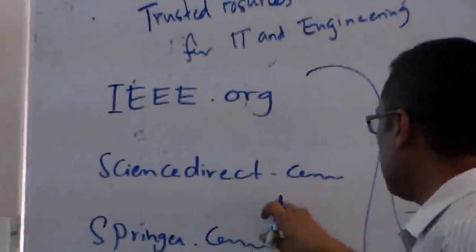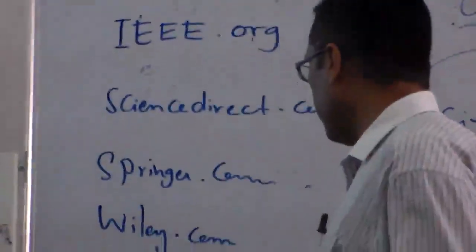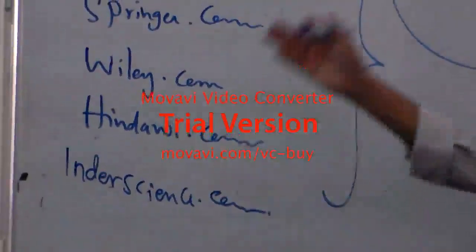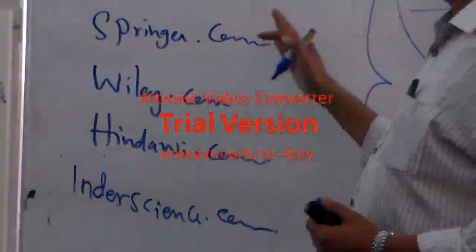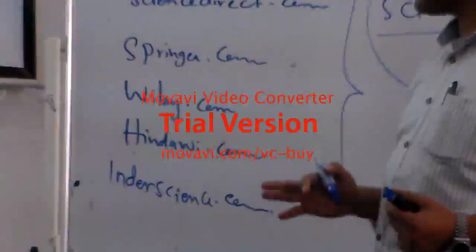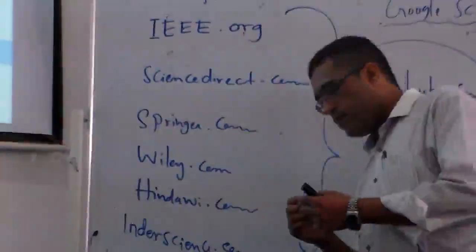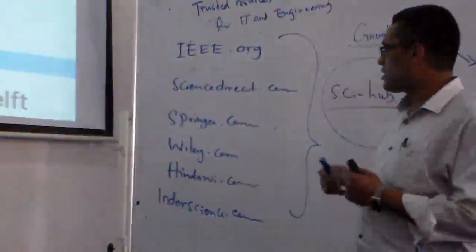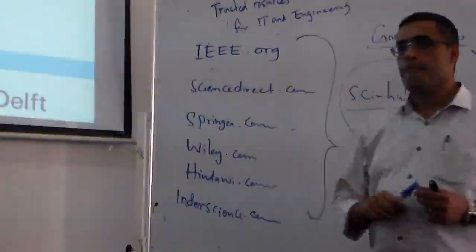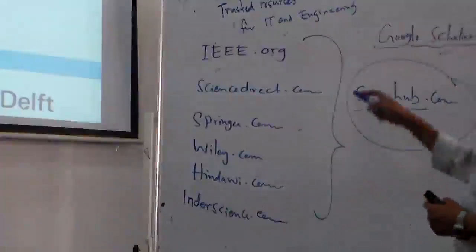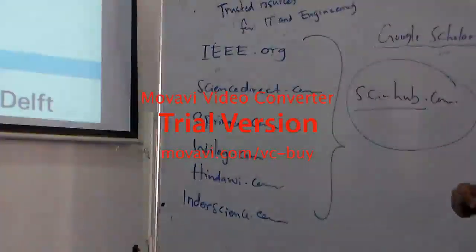IEEE.org, ScienceDirect.com, Springer, Wiley InterScience, and a lot more. I mean, it is not only these sites or libraries or publishers. You can find different publishers, but these are the main publishers or main sources that you should search through.